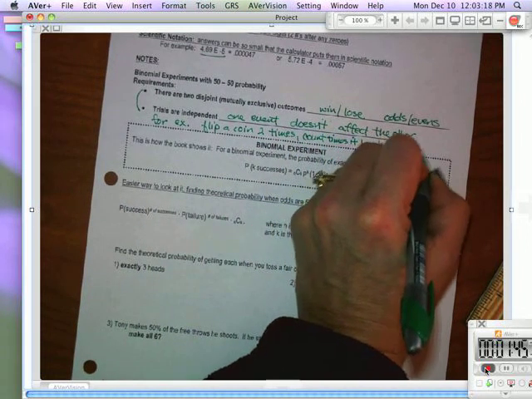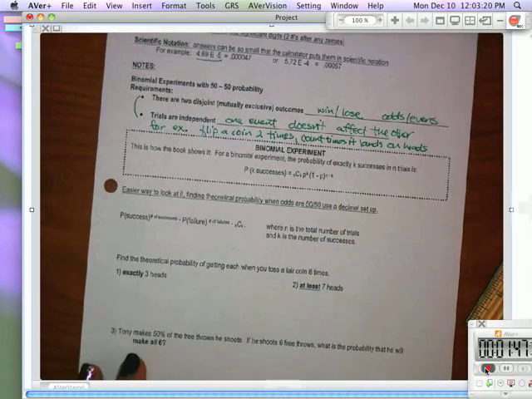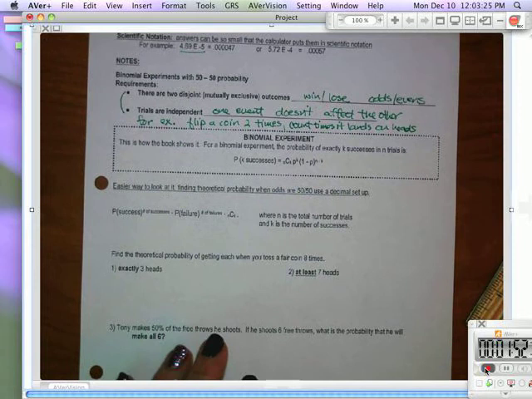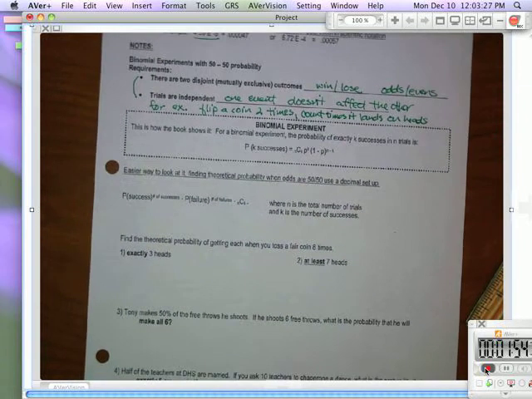That is independent because the second toss is not affected by what happens with the first toss. All right, binomial experiment. And this is how the book shows it.